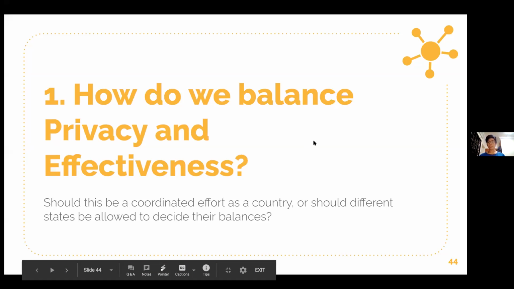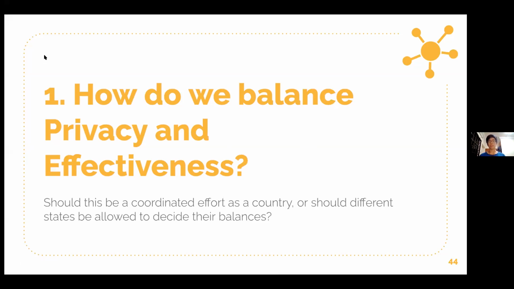The first question we have is, how do we balance privacy and effectiveness? Should this be a coordinated effort as a country, or should different states be allowed to decide their balances? In the medical ethics talk the other day, a very interesting point was raised: states, countries, nations should try to deal with this pandemic in a culturally competent fashion.